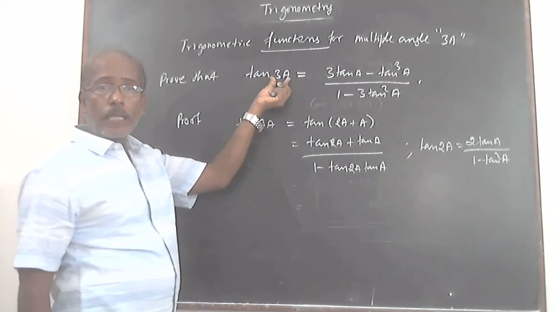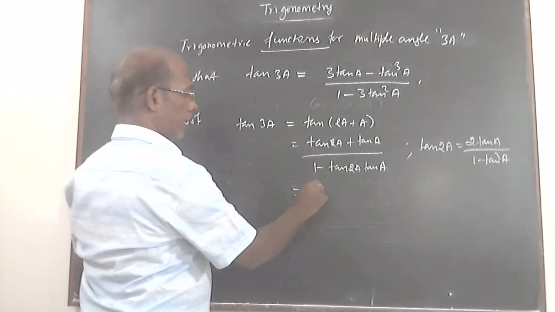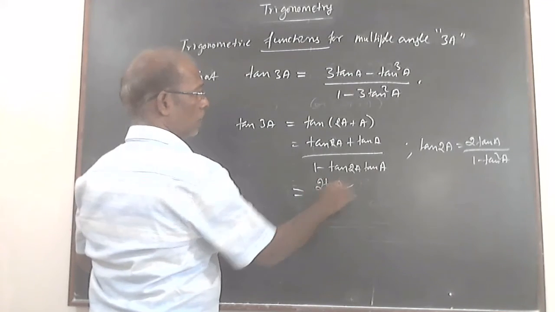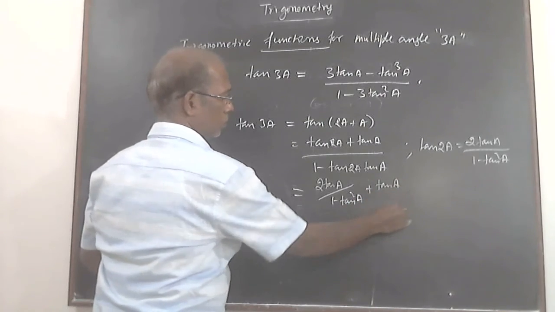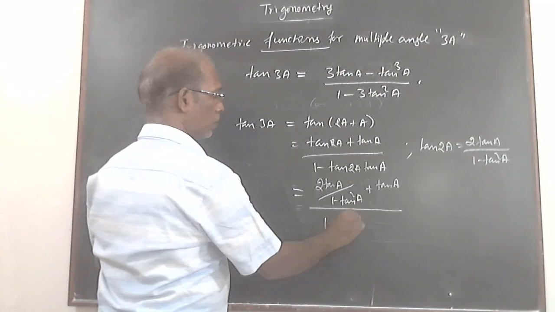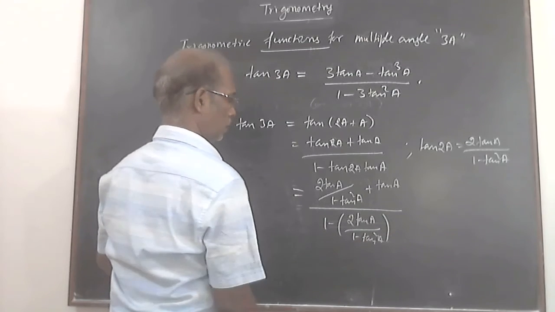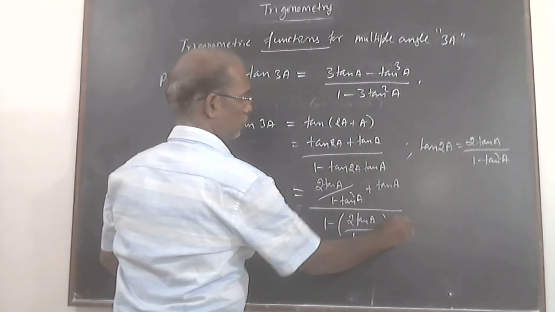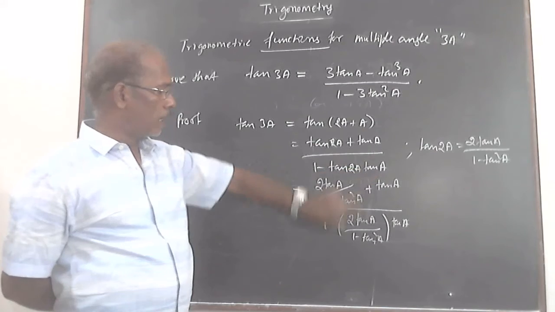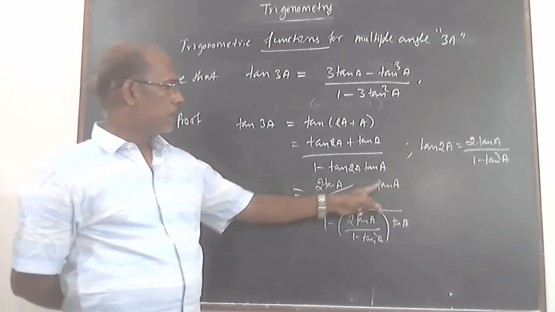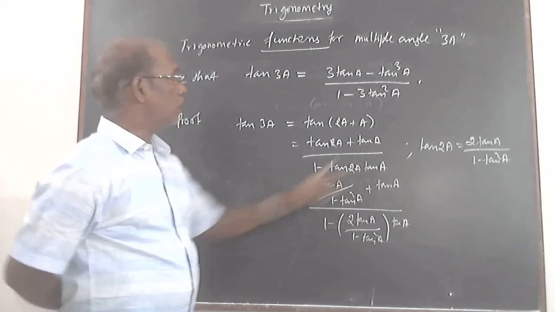Instead of tan 2A, 2 tan A divided by 1 minus tan square A, plus tan A. The denominator: 1 minus 2 tan A by 1 minus tan square A into tan A. Taking LCM on numerator and denominator, 2 tan A plus tan A into 1 minus tan square A, so 3 tan A minus tan cube A in the numerator.